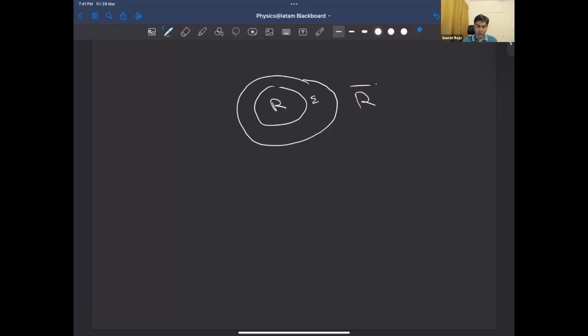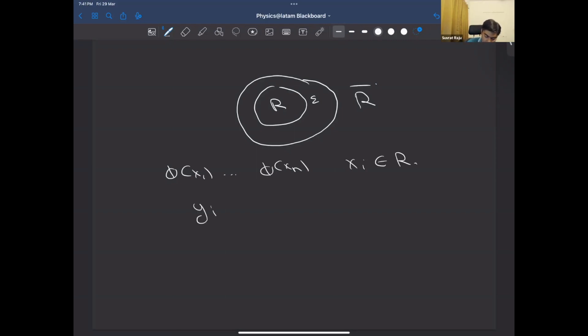Then R-bar. Now, say there are two states. Let's think of some local operators, phi x1 to phi xn, where the xi belong to R. Since you asked me to review it, I'm reviewing it in a very precise sense.